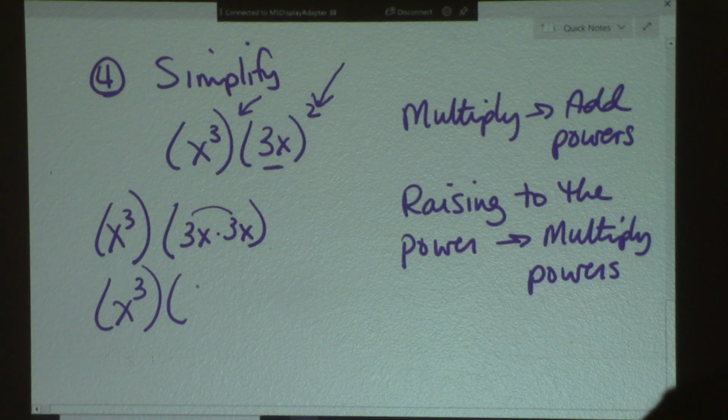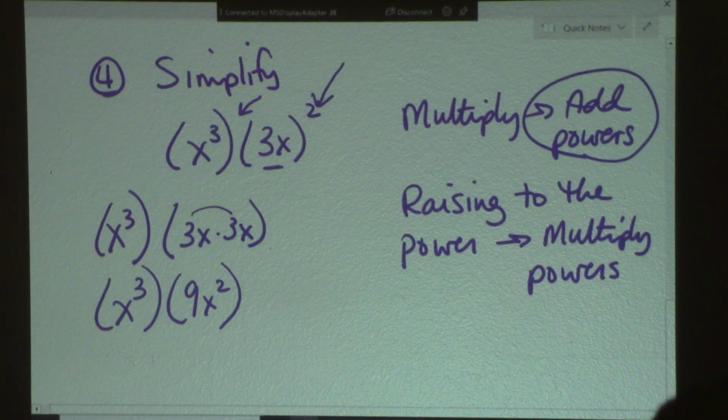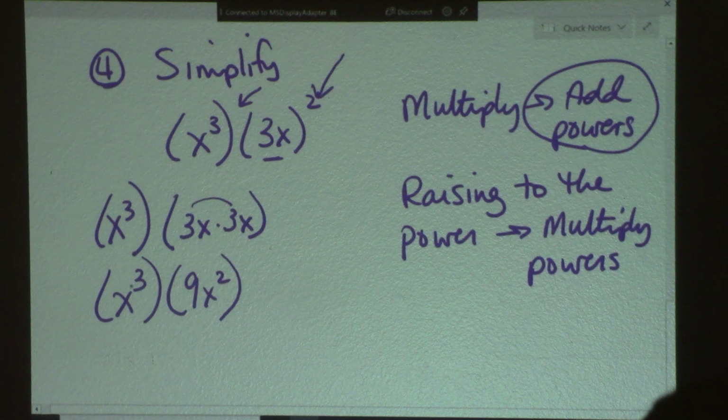Well, 3 times 3 is 9, and x times x is x squared. Now, when I'm multiplying terms, what do I do? I add the powers. So I only have one coefficient, so that just stays the same, 9, and then 3 plus 2 is 5. So 9x to the 5th is my final answer.